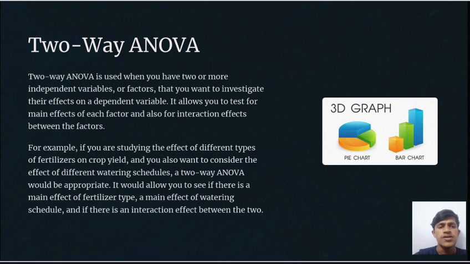For example, if you are studying the effect of different types of fertilizers on crop yield, you also want to consider the effect of different watering schedules. A two-way ANOVA would be appropriate. It would allow you to see if there is a main effect of fertilizer type, a main effect of watering schedule, and if there is an interaction between the two.